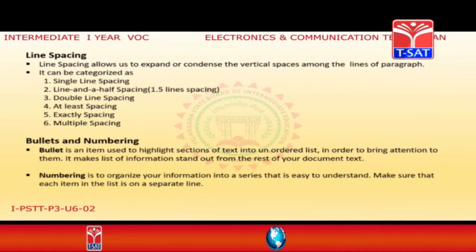Bullets and numbering. Bullet is an item used to highlight sections of text into an unordered list in order to bring attention to them. It makes a list of information stand out from the rest of your document text.